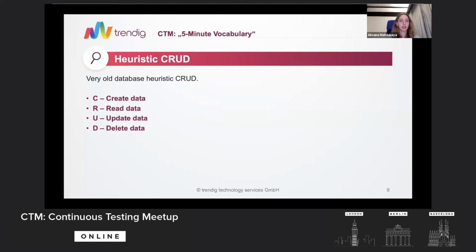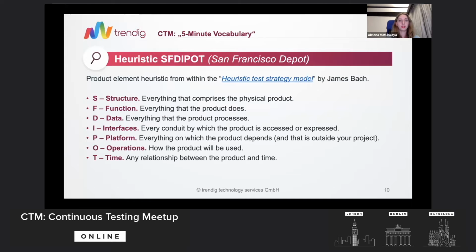The next heuristic that I want to present to you is SFDPOT, or San Francisco Depot. It was created by James Bach. You can find more information about it in his work, the Heuristic Test Strategy Model. Here is just a short, brief description of it.